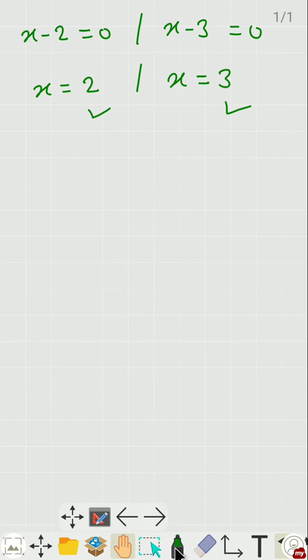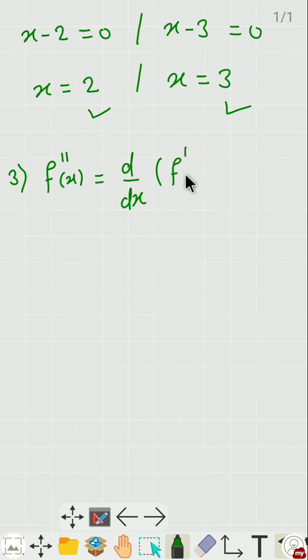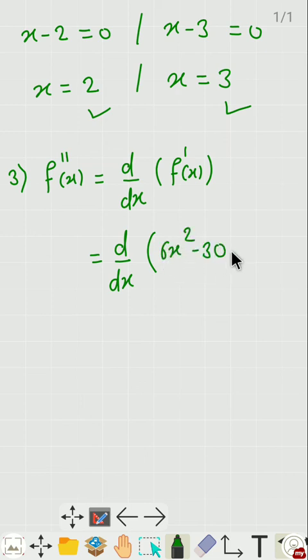we find f double dash of x. So f double dash of x is the second derivative of f, which means the derivative of the first derivative is called the second derivative. So d dx of the first derivative. What was the first derivative? It was 6 times x square minus 30x plus 36.